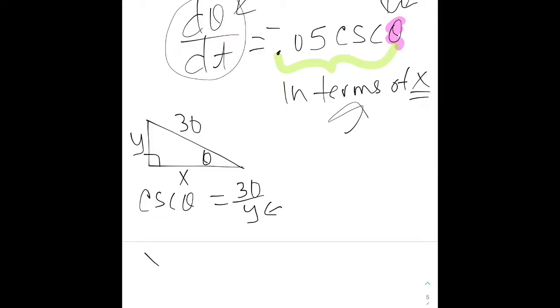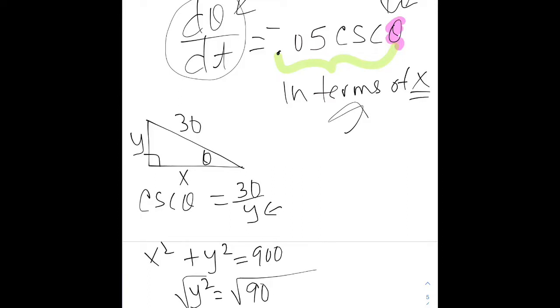Don't we know that x squared plus y squared is equal to 900? So isn't y squared equal to this, y is going to equal 900 minus x squared? Yes, you get a positive and negative principal square root.